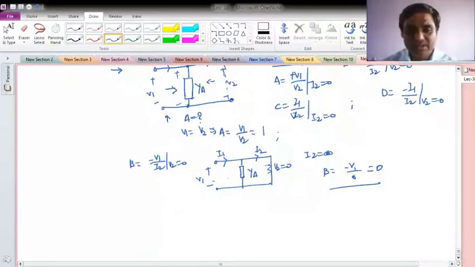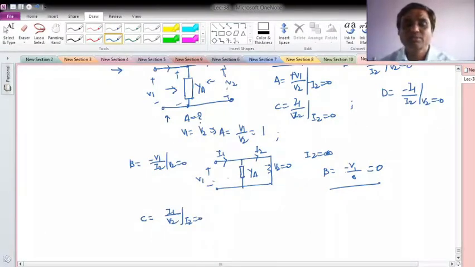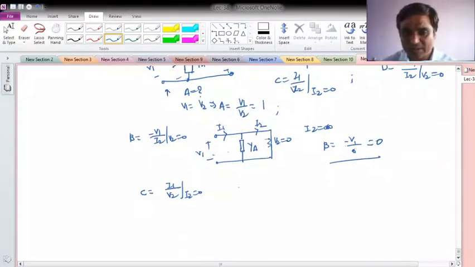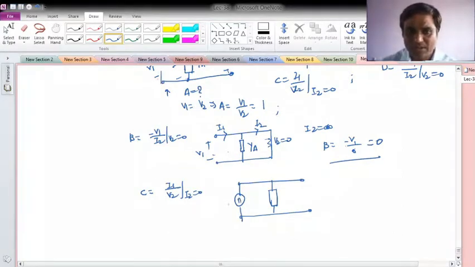Then next we obtain the parameter C, which is I1 upon V2 where port 2 is open circuit. For that, let me draw the network again like this. Now I'll apply a current source here.